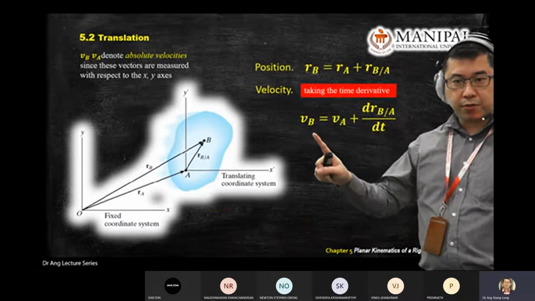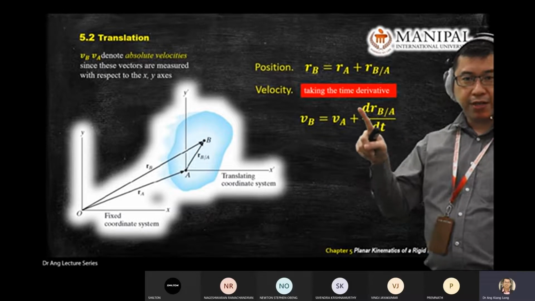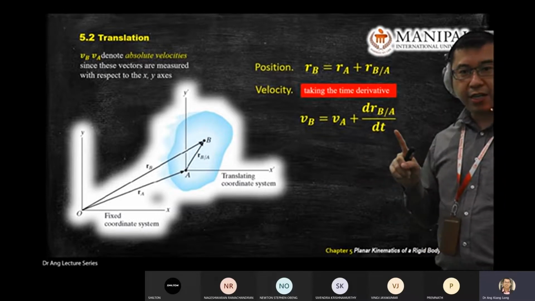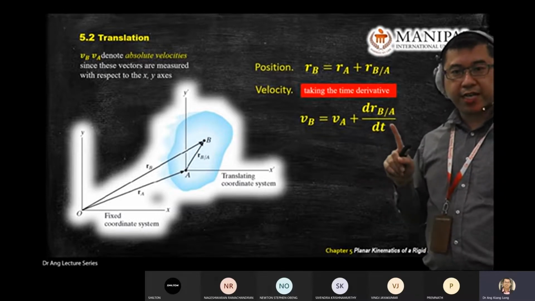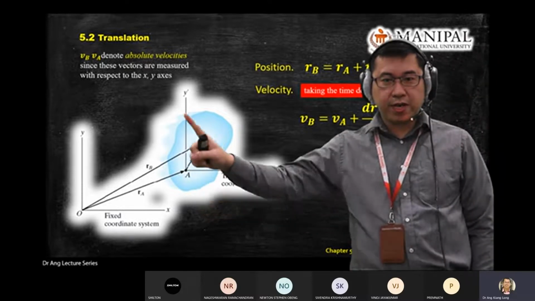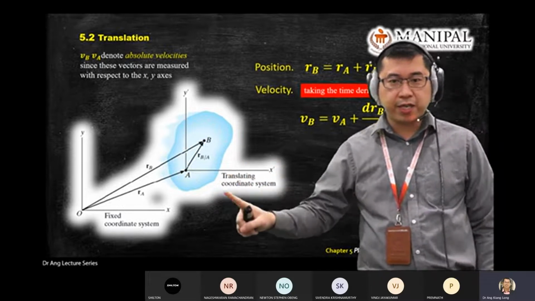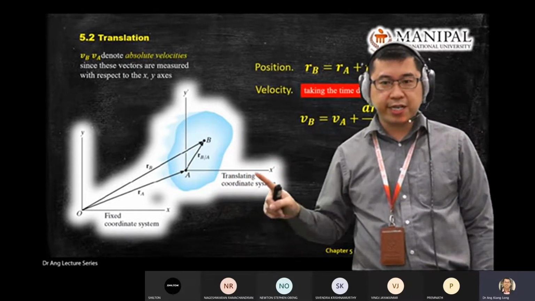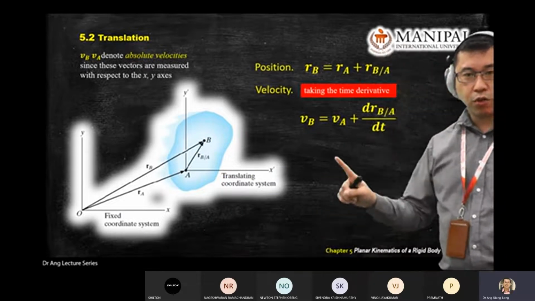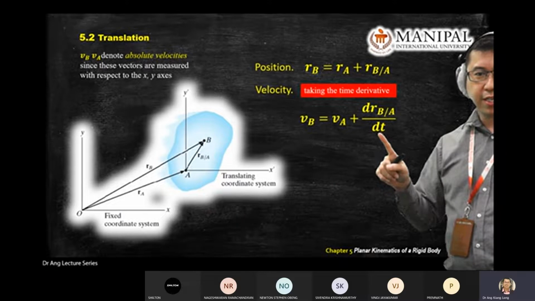So this one you measure from fixed, this one you measure from fixed. However, this one is a relative position. Where is the base of this one? The base of this one is on y prime, x prime axis, or we call it translating coordinate system. So don't mix between this one and this one.